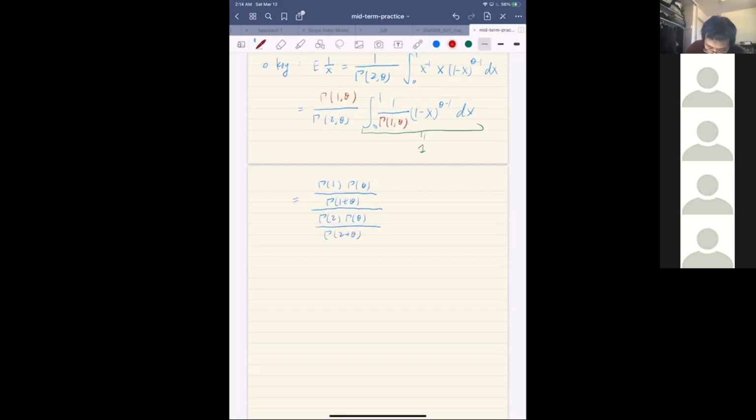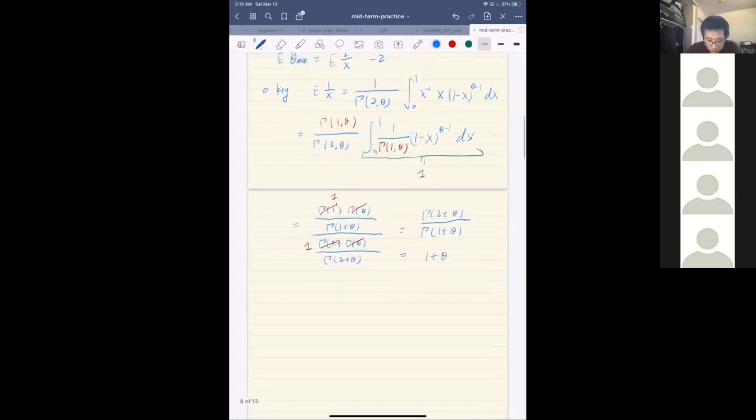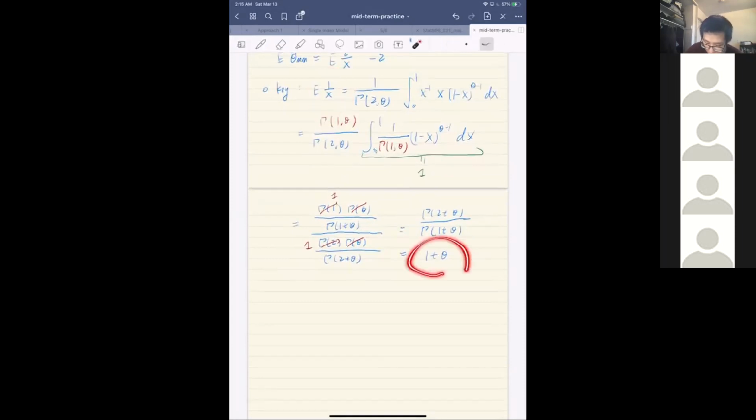This 1 is 1, this 2 can be cancelled, and this is also 1. So it should be equal to 2 plus theta over 1 plus theta. So the average of this is 1 plus theta.